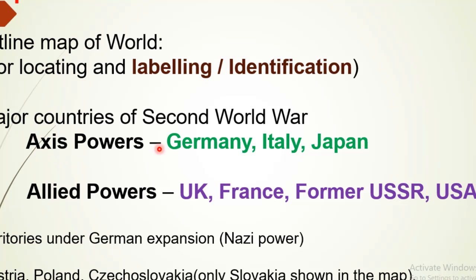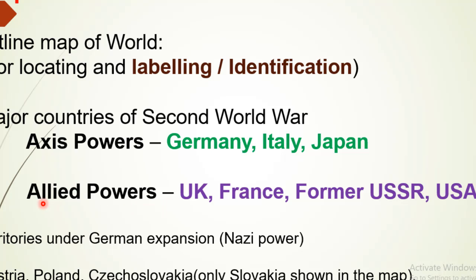Now the Axis powers. Let us see the countries, those who were part of Axis powers were Germany, Italy, and Japan. These were the main countries. Some other regions were also there, but these were the very important key regions or countries.